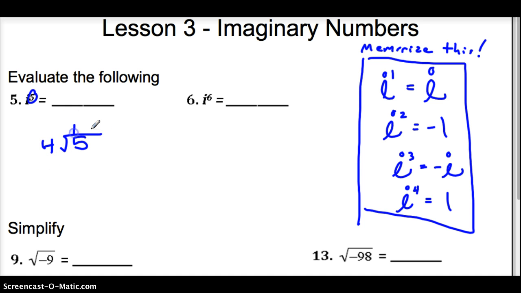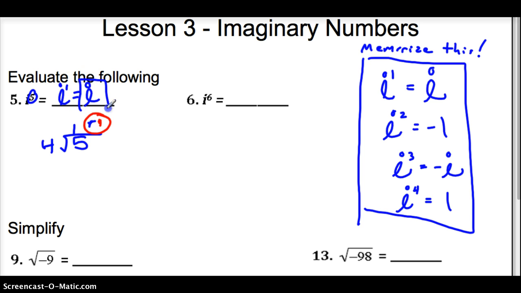Okay, 4 goes in one time with a remainder of 1. So we just take that remainder, and this would be equal to I to the 1st power. Okay, because the remainder is 1, which means that this is just equal to I.